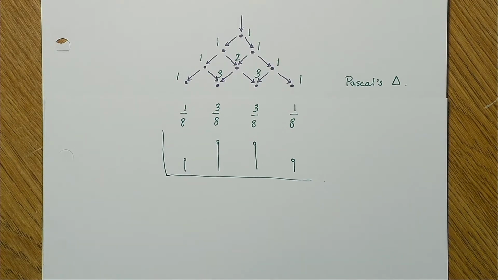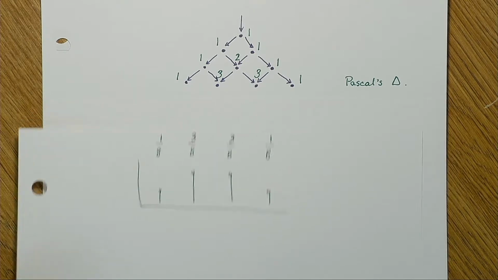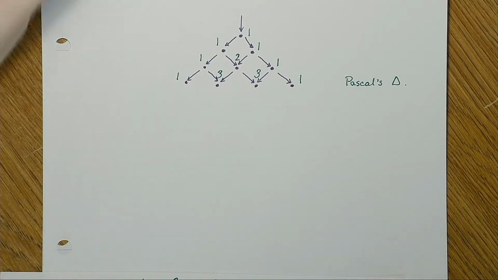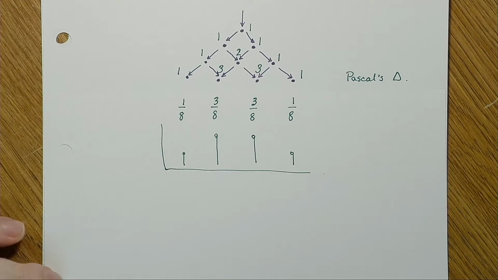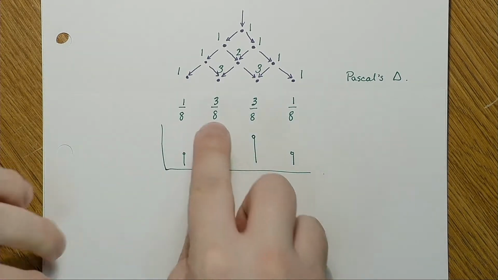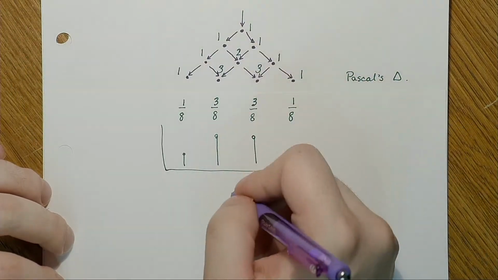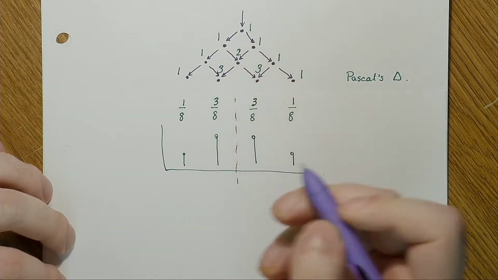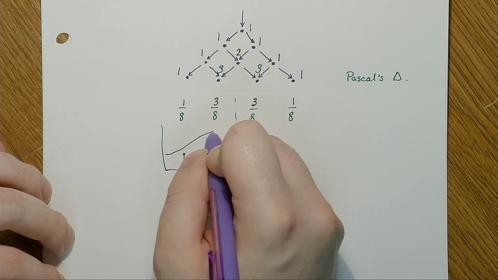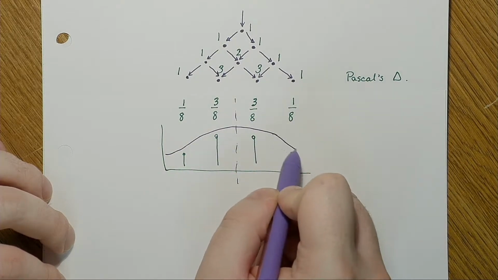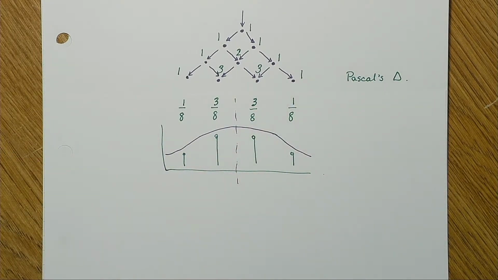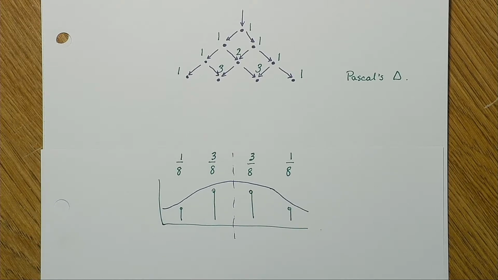Now, that's not a great curve, but yes, you can see that this is symmetric about this axis right here. And I suppose you could actually start to fit a curve right through here. So again, there's kind of a normal distribution, and that's what we'll be eventually seeing.